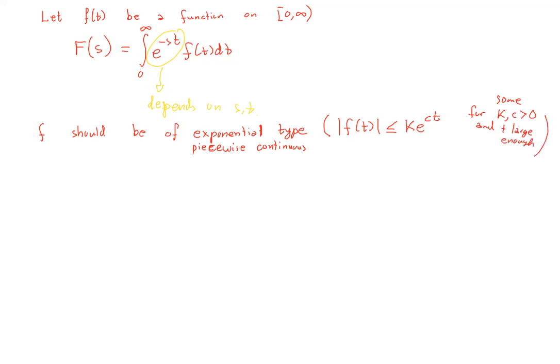And when I say piecewise continuous, I really mean you have a function that does not have to be continuous at every point, but it has just jump discontinuities at a sparse set of points. So you will see that at some point we will want to work with such functions.